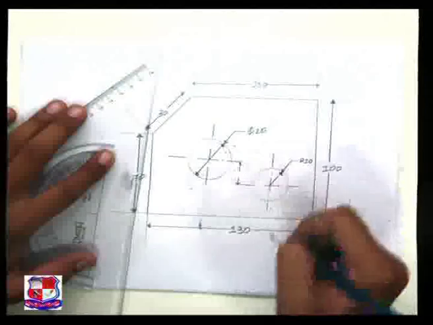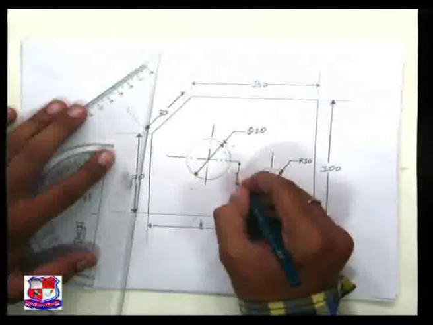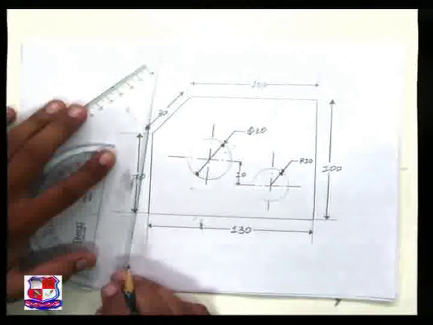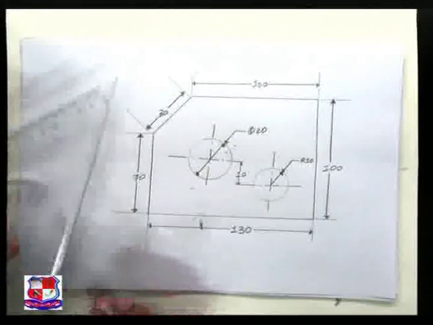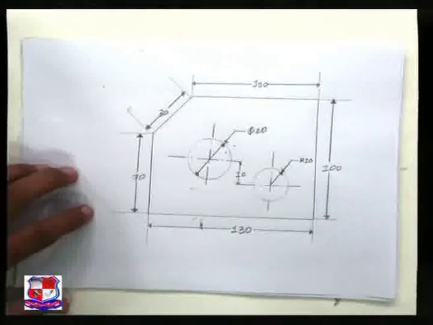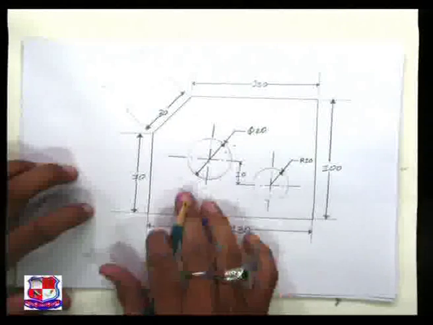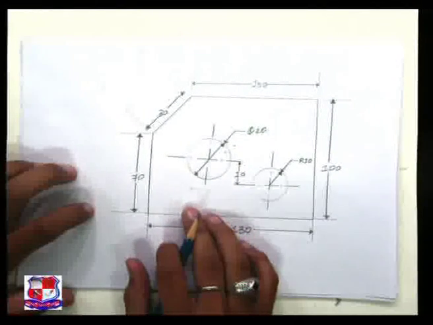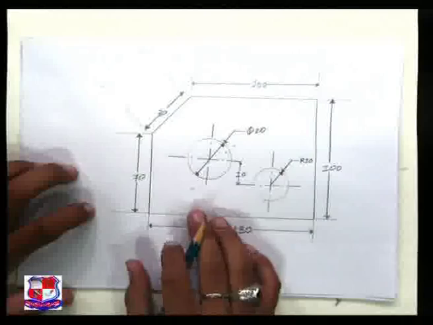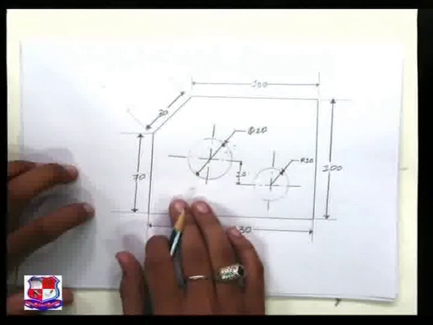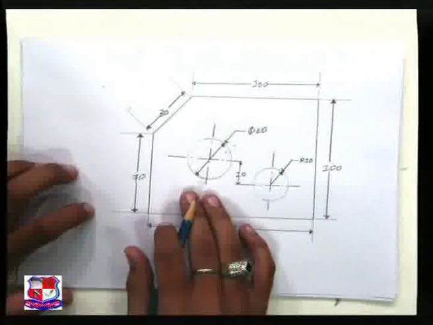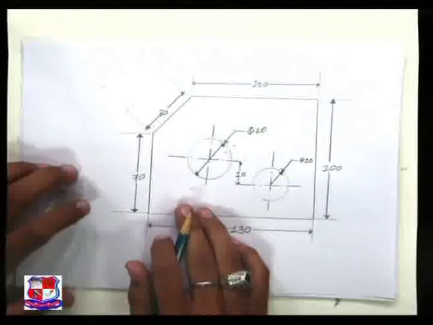Close filled arrow on both sides. Write the dimension as desired. So this is how you can draw any sort of drawing using the unidirectional system. If in the exam it has been specified that you need to draw using the unidirectional system, then use this method, or you can use either of them.